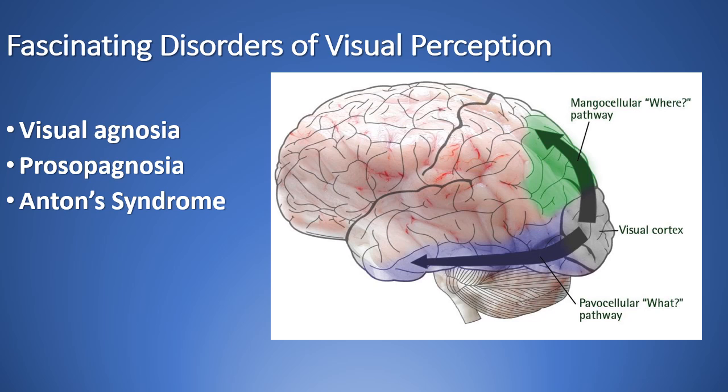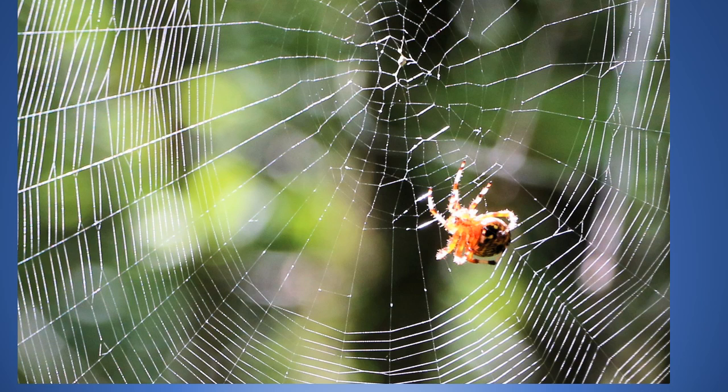We had a gentleman who went in for surgery, and he had a complication, and part of his basal ganglia and occipital lobe were damaged. He thought he could see, but he was just making up information about what he was able to see. So he had Anton's syndrome. And that is an adorable little spider.